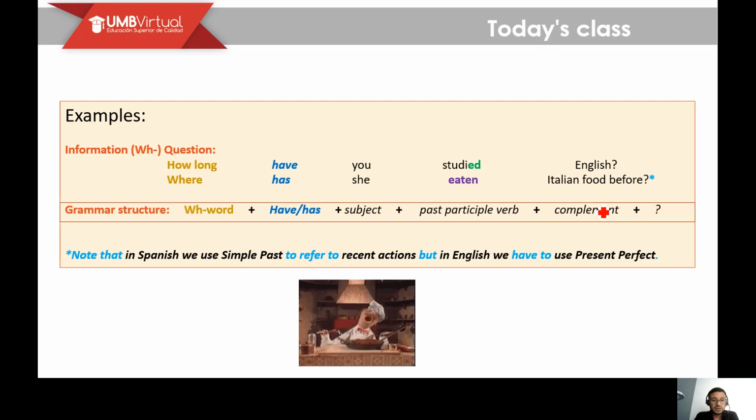If we have the WH question, we are going to keep the auxiliary at the beginning, and more to the beginning, we use the question word that we want to ask. For example, how long have you studied English? Where has she eaten Italian food before?